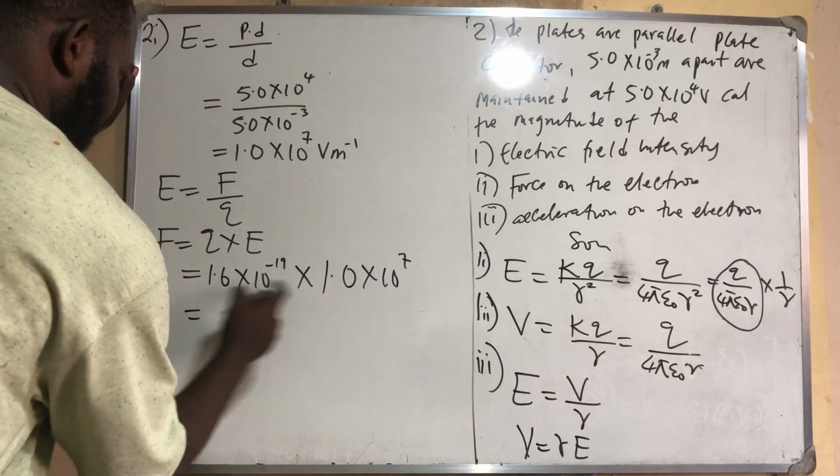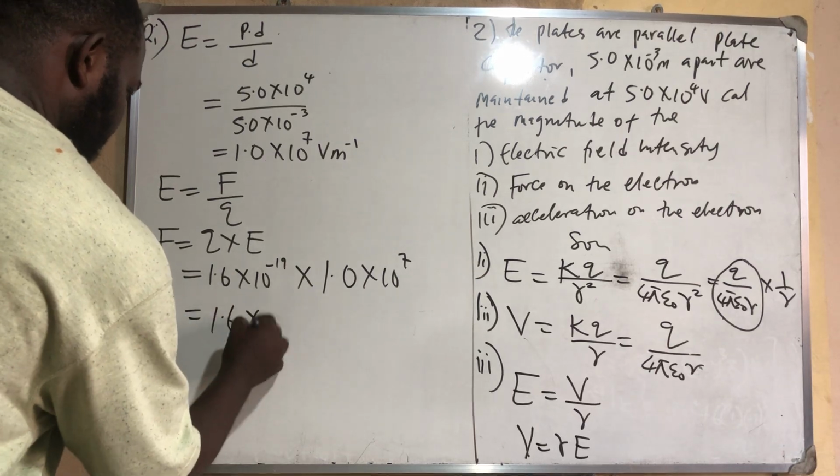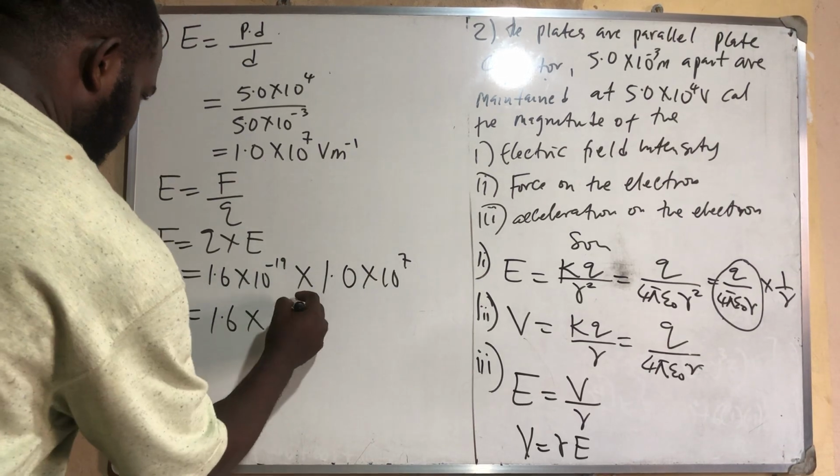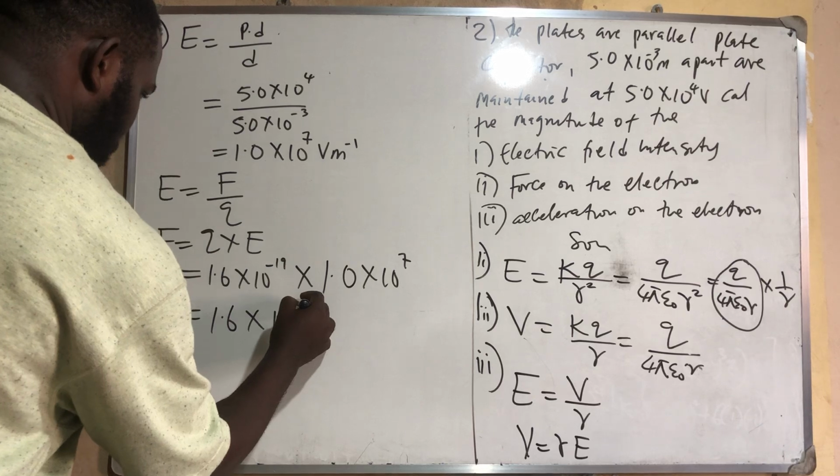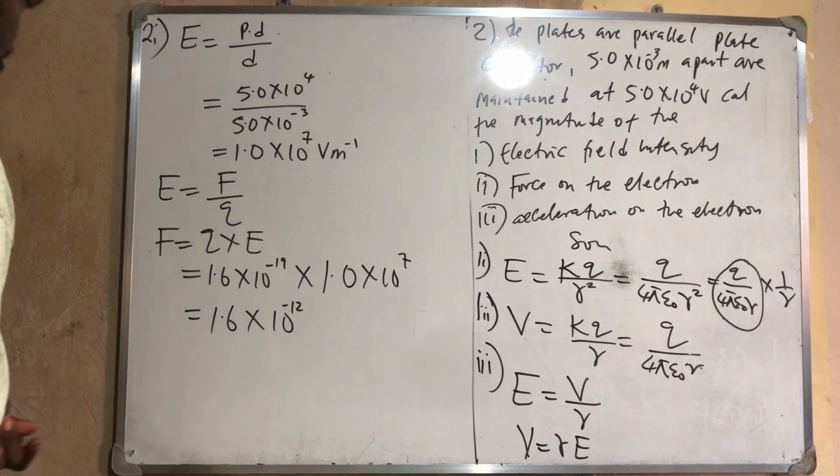So we have 1.6 times 10 raised to power minus 12.